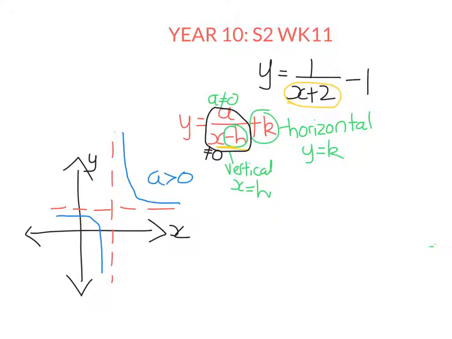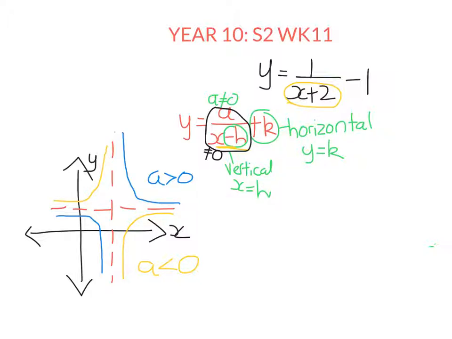So what we can see here is the two asymptotes, if you like, divide our graph into 4 quadrants. If a, the number on top of the fraction here, is positive, then the hyperbola exists in the top right and the bottom left. And it's the opposite if a is negative. So if a is positive, you get the situation in blue. If a is negative, you get the situation in yellow.